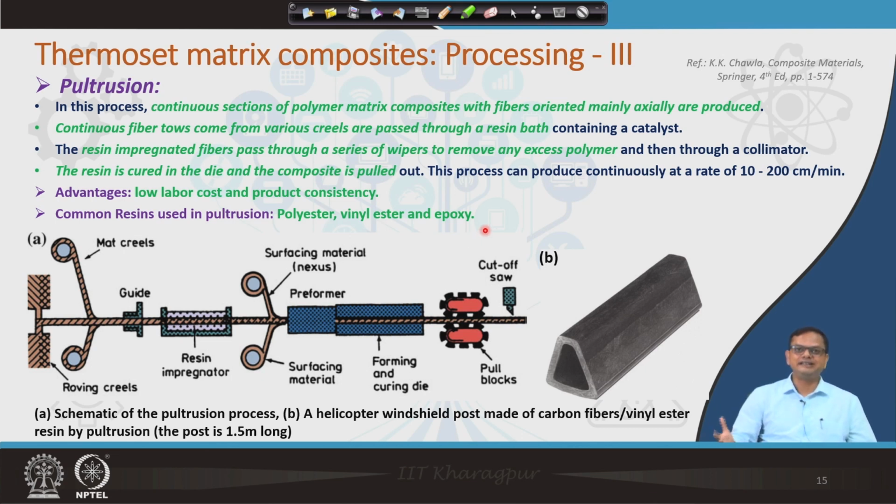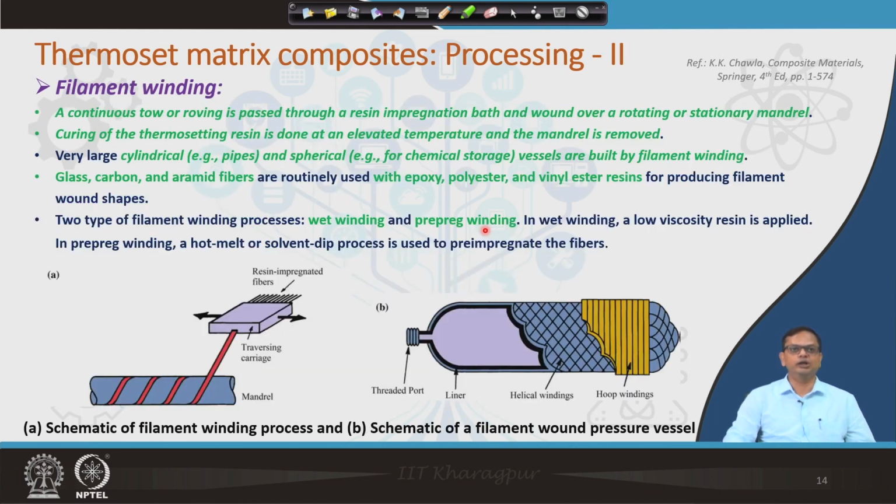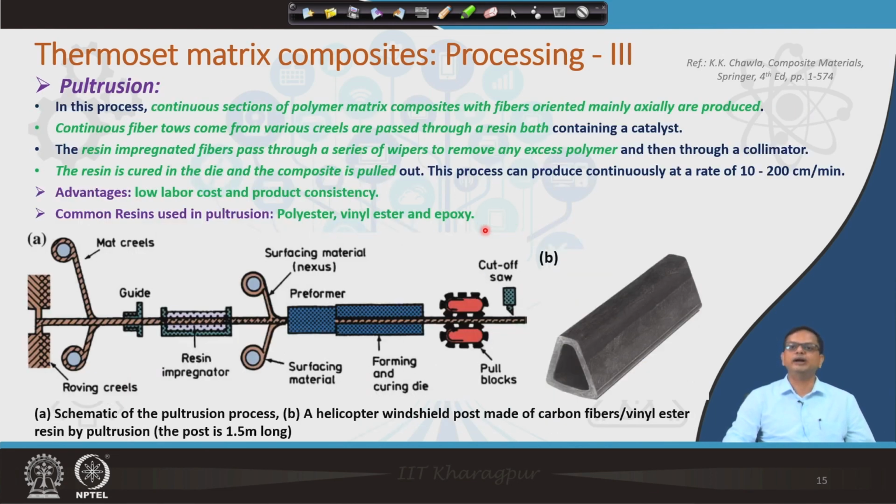I have talked about 3 techniques so far, and these are all used, by the way, for thermoset polymers. The first one was hand layup and spray up. The second one we discussed is filament winding, and then pultrusion.